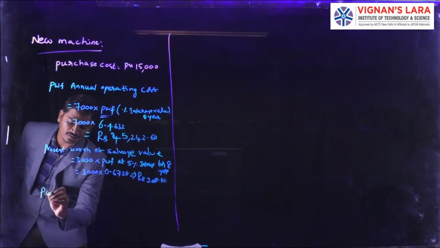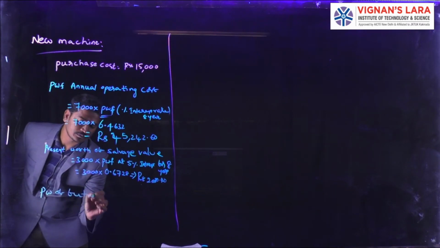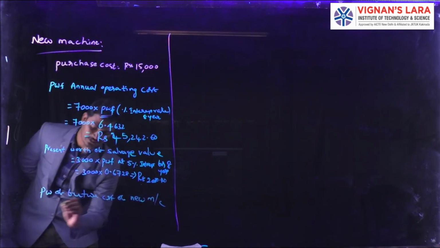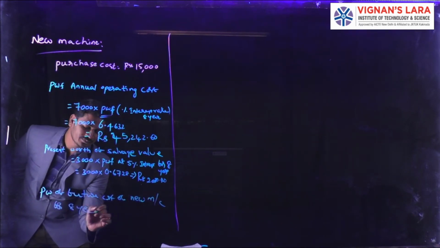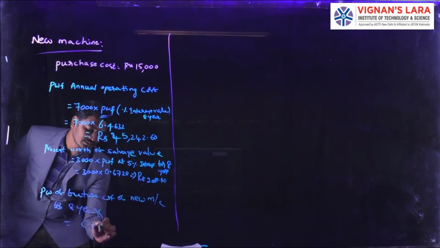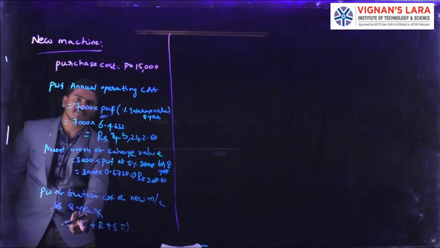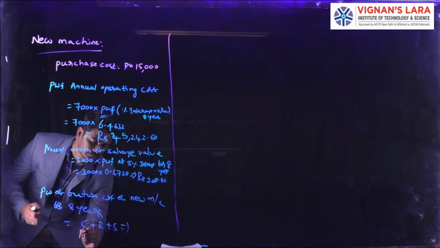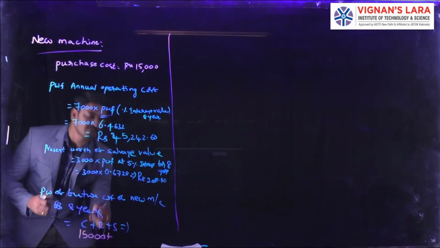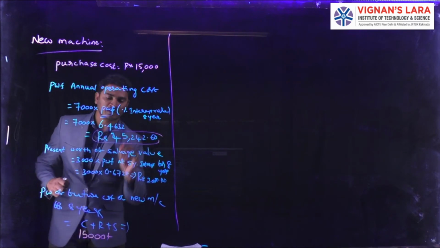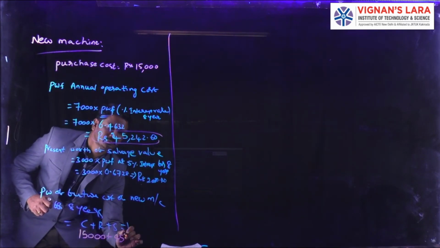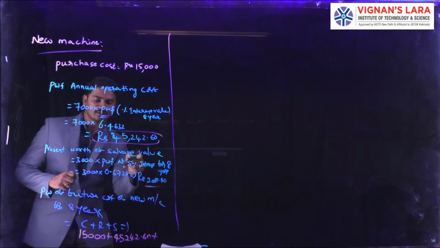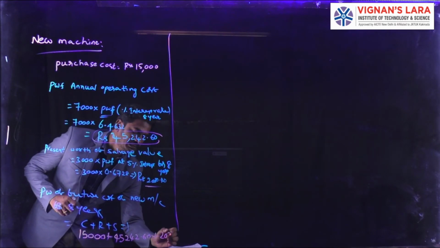Now we are going to calculate the present worth of the future costs of the new machine for 8 years. We know the formula C plus R minus S. Here C is the capital cost, that is 15,000, plus the R value that we calculated, 45,242.60, minus the present worth of salvage value, 2030.40.